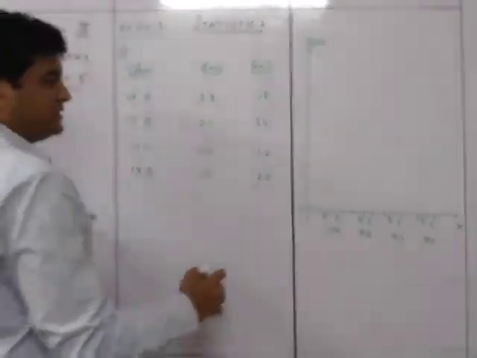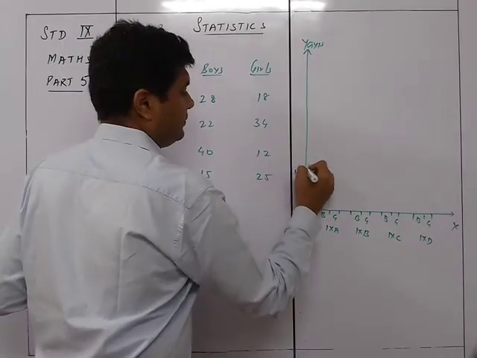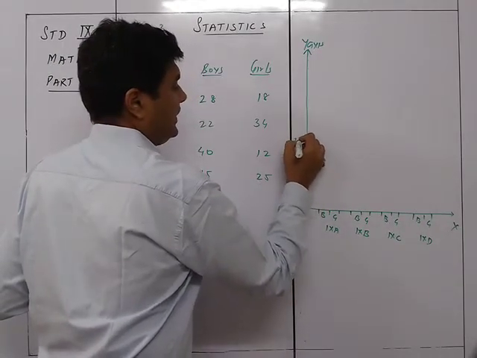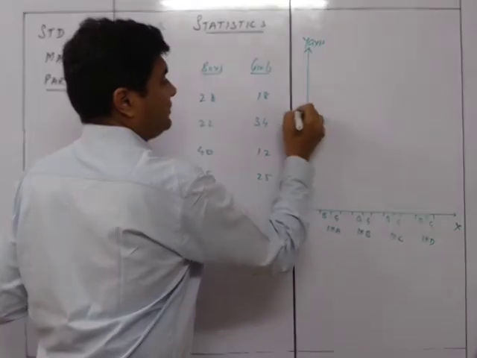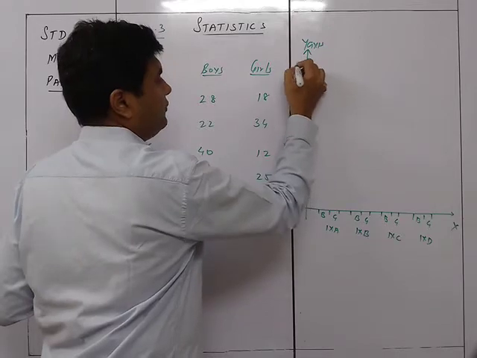So we'll take it as 5, 10, 15, 20, 25, 30, 35, 40, 45.